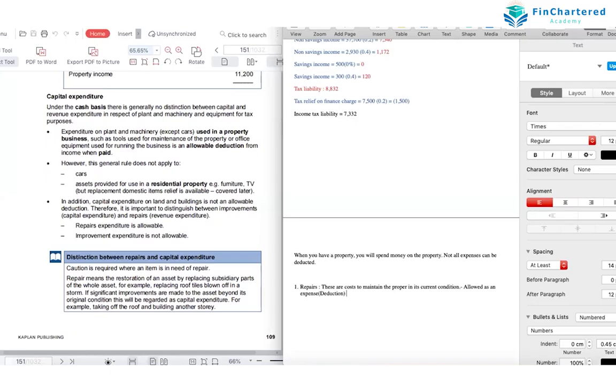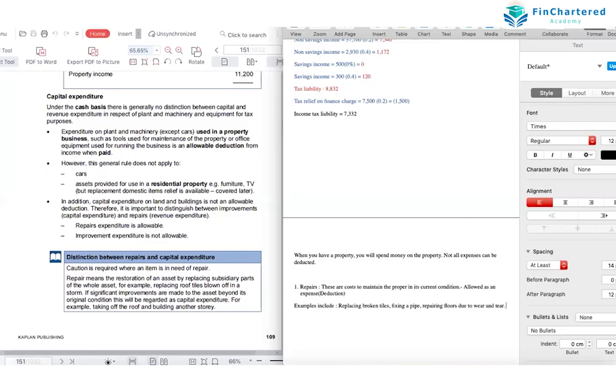So they are deductible. Examples will include replacing broken tiles, fixing a leaking pipe, repairing floors and walls due to wear and tear.